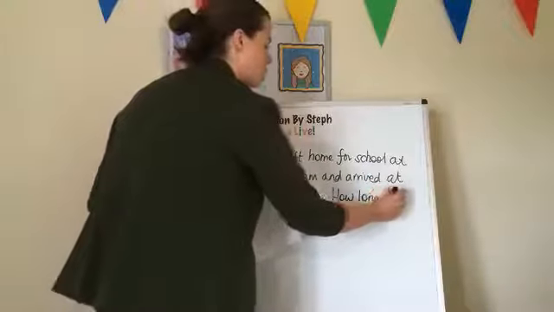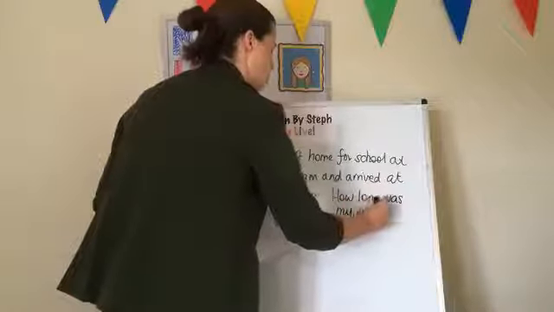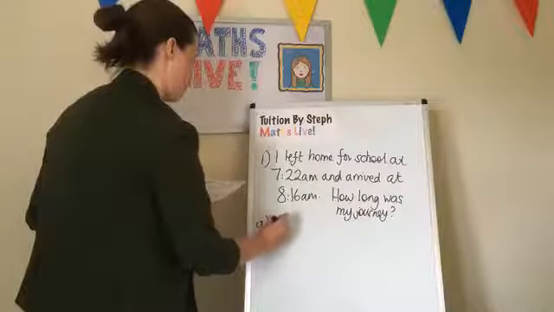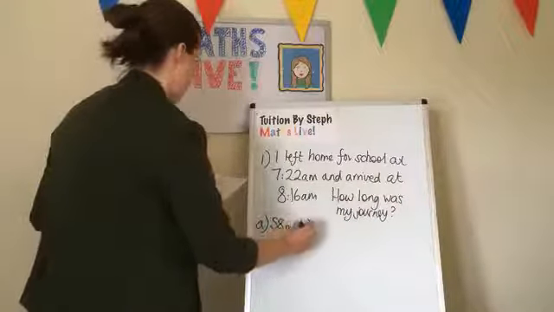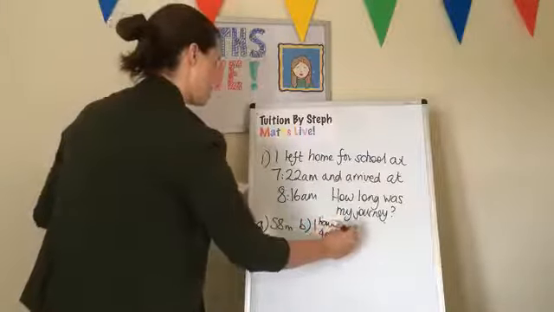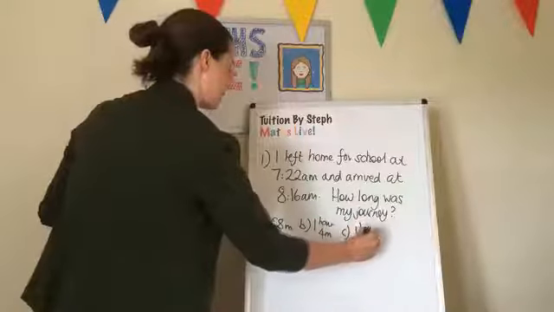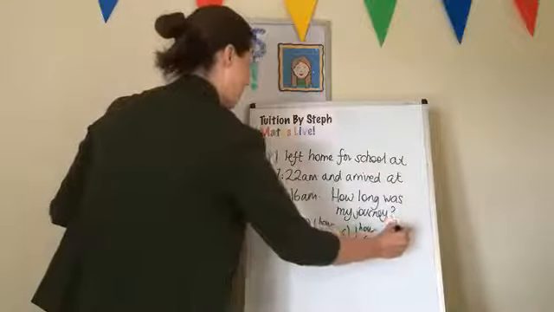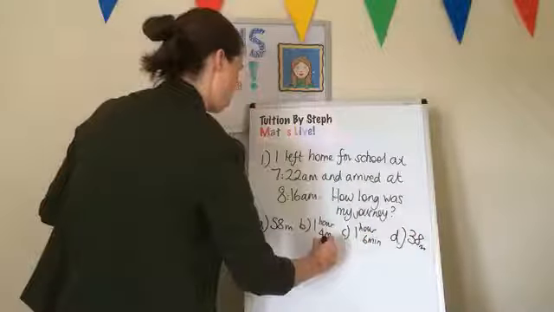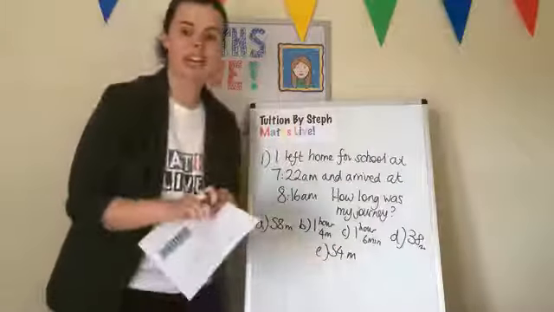So how long was my journey? Was it A, 58 minutes, B, 1 hour and 4 minutes, C, 1 hour and 6 minutes, was it D, got lots of choices here, 38 minutes, or was it E, 54 minutes? Have a look at that, give it a go.